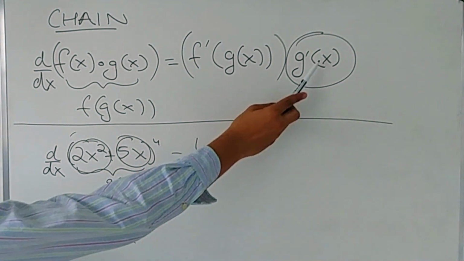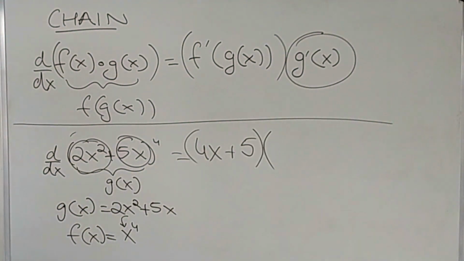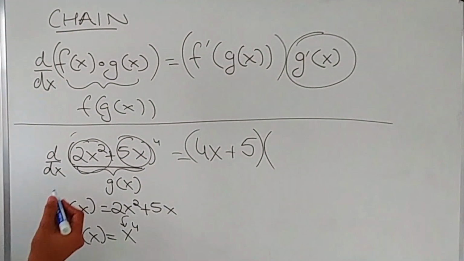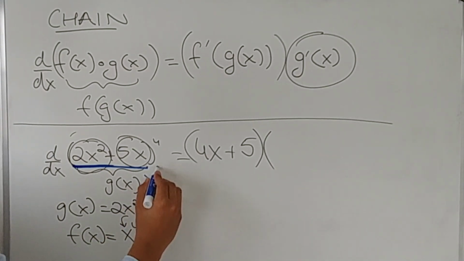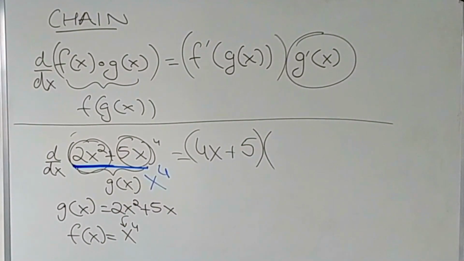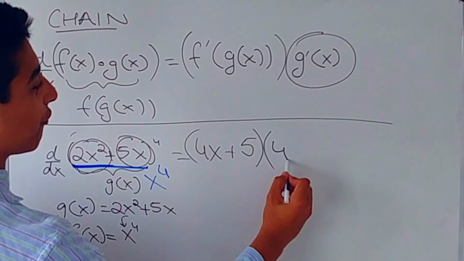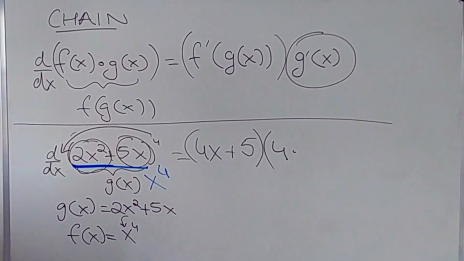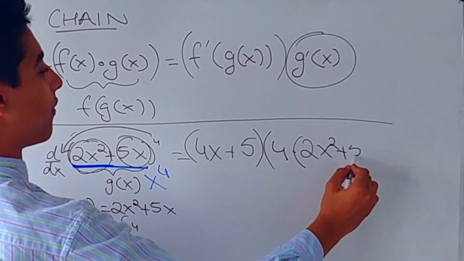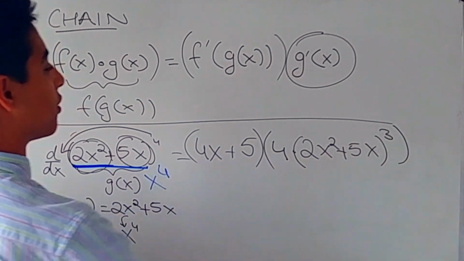So we've successfully taken g prime of x, and now we have to multiply it by f prime of g of x, which basically means take the derivative of the outside with respect to the inside. So what we have is take this entire thing, which is x to the 4th power, and take the derivative of that, which is basically now going to be 4, because you're taking the 4 out, multiplied by 2x squared plus 5x to the 3rd power.